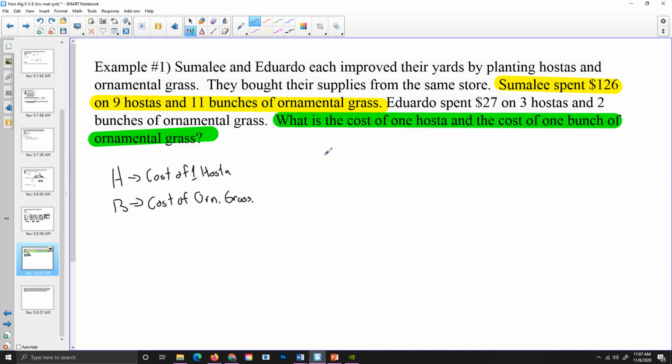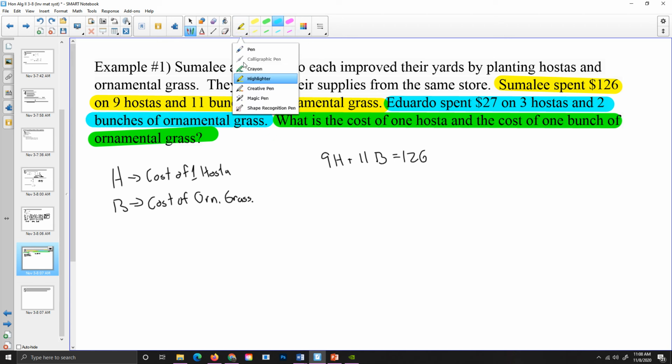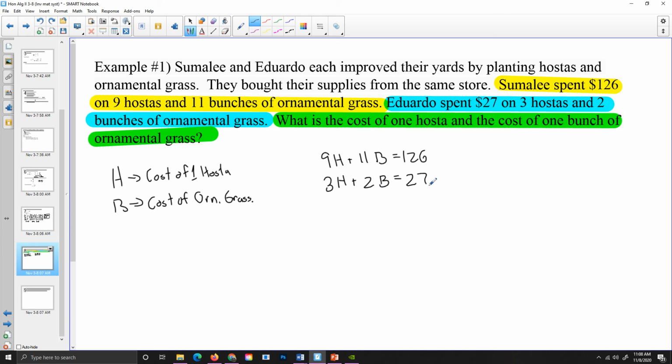So we can write that out as 9H plus 11B will be equal to 126. And then the last piece, that Eduardo spent $27 on 3 hostas and 2 bunches of ornamental grass. So what we can do is we can say that 3 times H plus 2 times B is only $27.